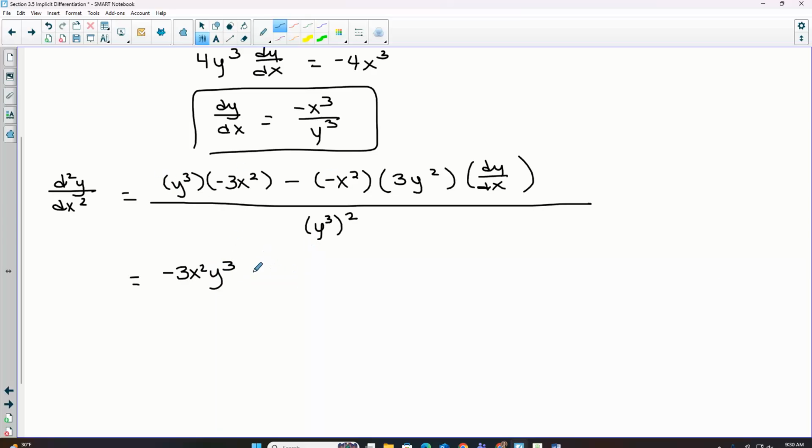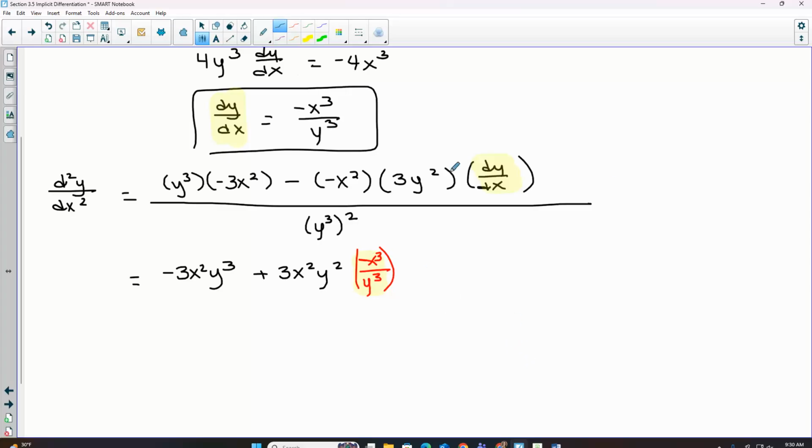So we have negative 3x squared y cubed plus 3x squared y squared. What is dy dx? The slope. It is the slope, but we also know specifically, we already found dy dx was negative x cubed over y cubed, so I'm plugging that in.